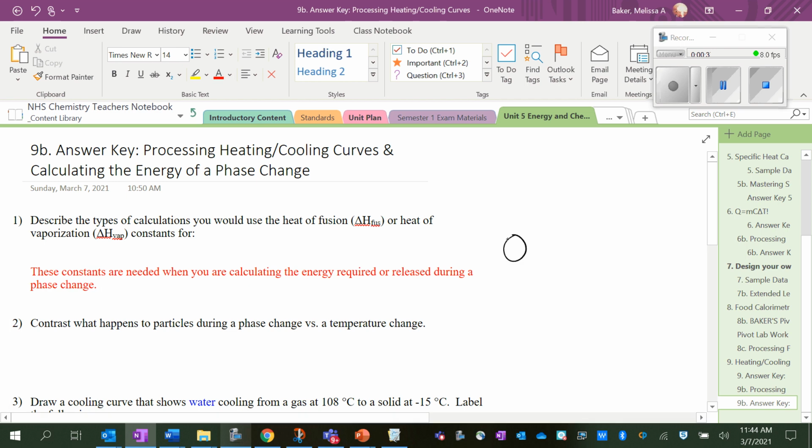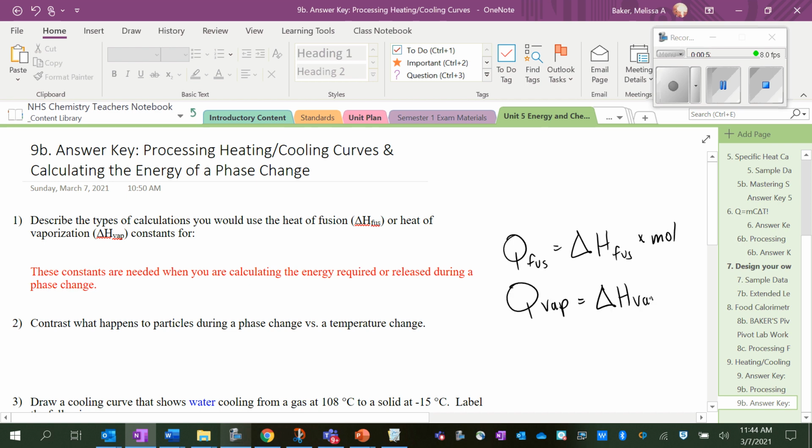So the equations are Q equals the heat of fusion times how many moles you're trying to melt or freeze, and Q equals the heat of vaporization times moles for boiling or condensation.